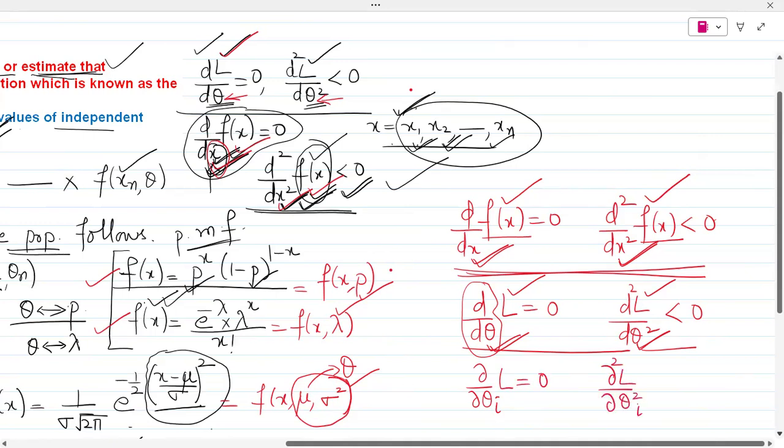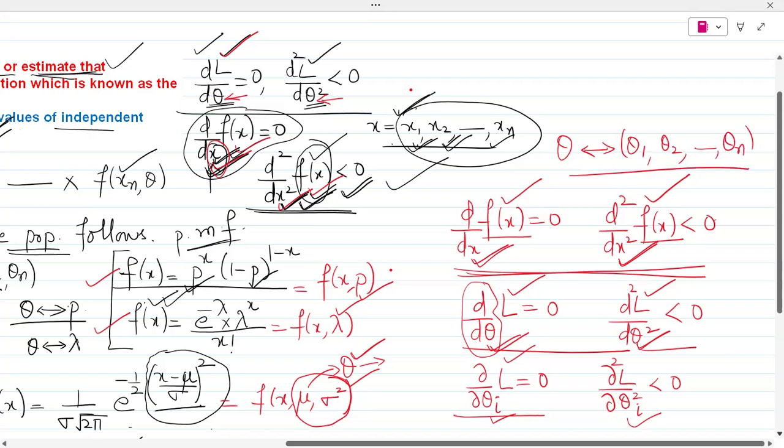So obviously we have to differentiate L with respect to each component. If I have to find or estimate theta, I have to find every component of theta.